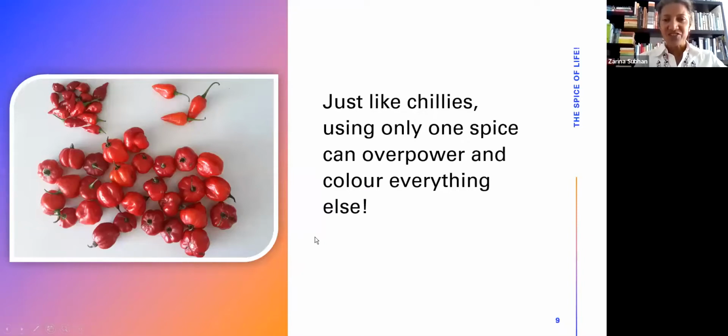And I've used chilies here as an example of the spice, because variety is the spice of life. But just like chilies, if you use just one spice and you use too much of it, it can overpower and color everything else. And that, you can say, is what happens when you're a minority in a country that is maybe your country, because you were born there, you grew up there, you're part of the culture, you understand that, but you are treated differently nevertheless.